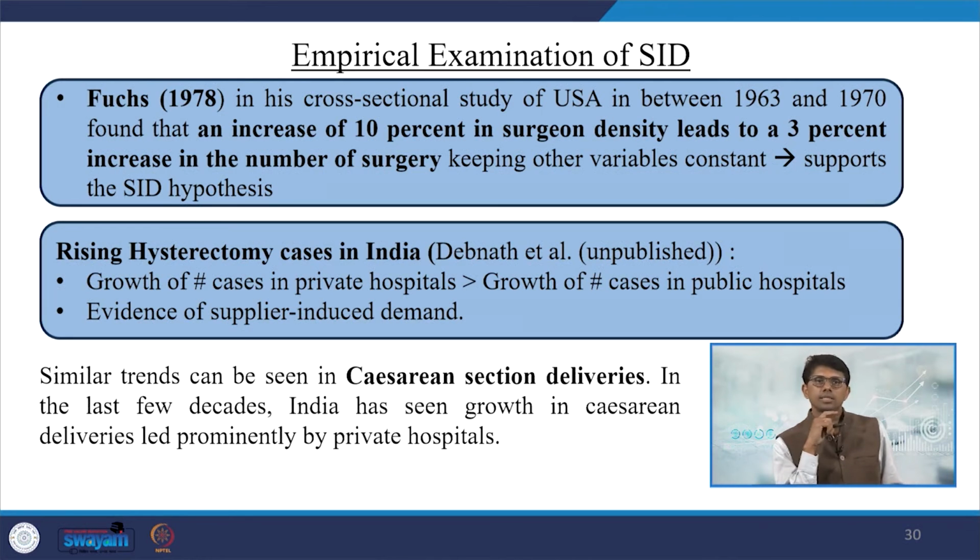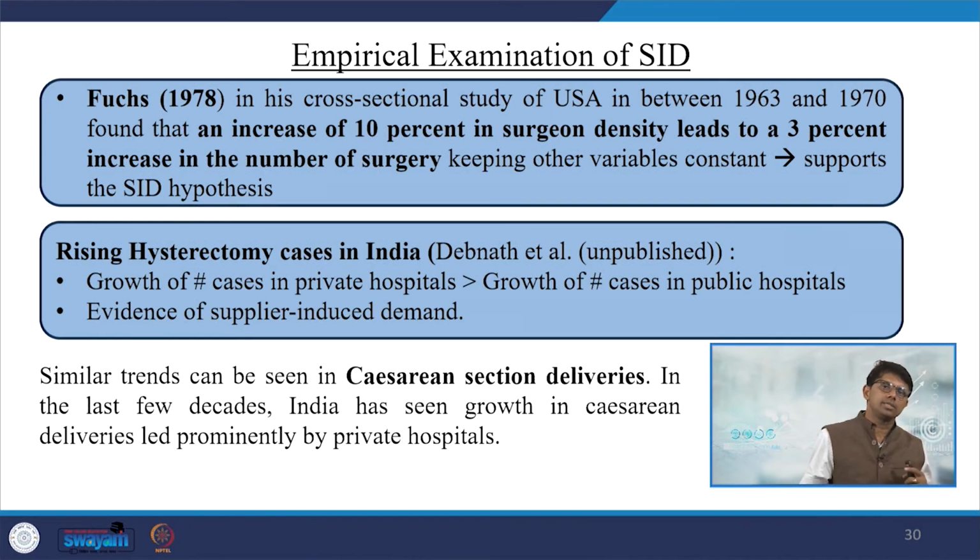Similarly, another case identified by some authors is on rising hysterectomy cases in India. Some papers, by C. Devnath, a working paper you can refer to, are on the growth of these cases in private hospitals. It is higher than the growth of cases in public hospitals.